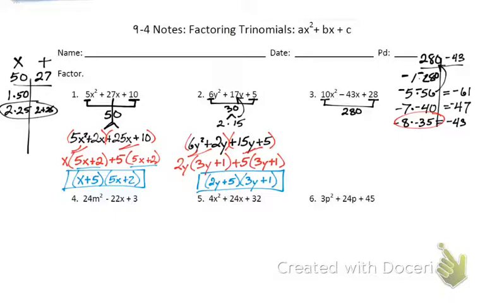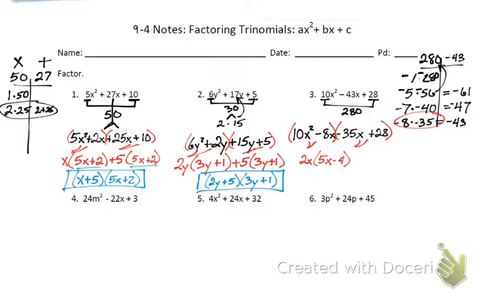So now I come over here and I rewrite 10x squared minus 8x minus 35x plus 28, and I'm ready to group factor. So first group here, I'm going to take out a 2x, leaving me with 5x minus 4.